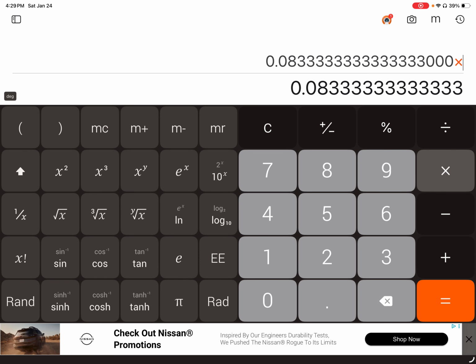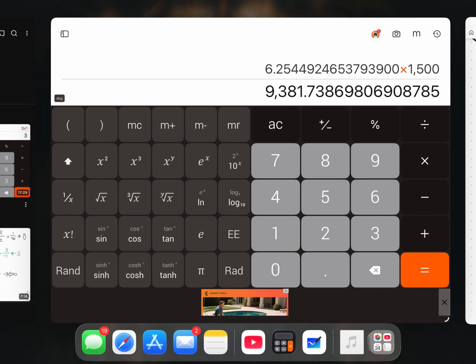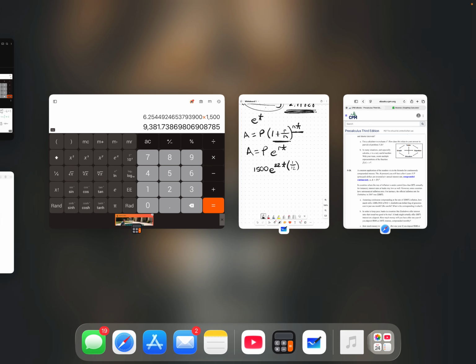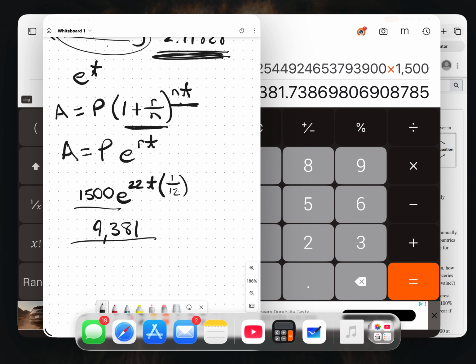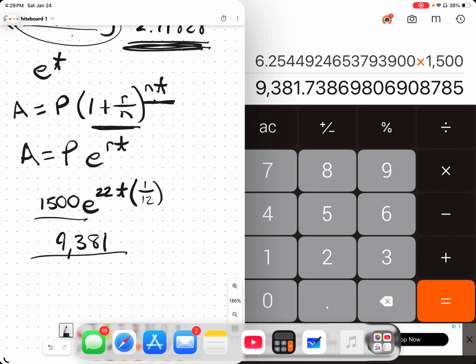So e raised to the 1.833 is 6.25, and then times 1,500. So we get that the bag of groceries is now $9,381. So it goes from 1,500 to 9,000. That's how much inflation was there.